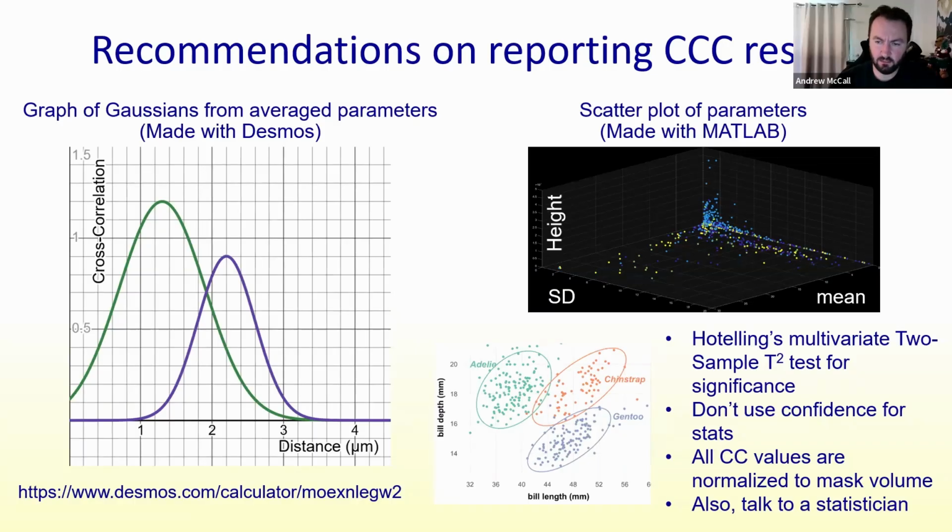So you may want to omit the height in that case, just because that can strongly affect the height. But anyway, this is a good way to basically visualize the variance within your data, within each channel. And then to do stats on multiple of these, you can do a Hotelling's multivariate two-sample T-squared test for significance. This can take 2 or 3 of these parameters in order to do statistics on this.